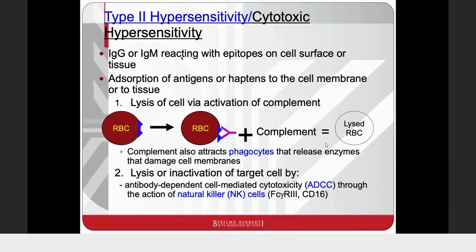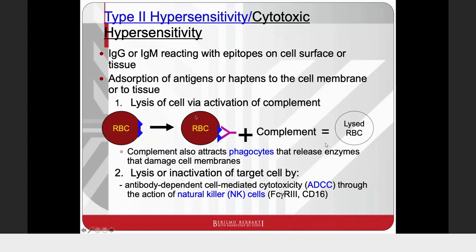There will be absorption of antigens or haptens to the cell membrane or to the tissue. The classic example of type 2 hypersensitivity is the absorption of antigen or haptens to the cell membrane of the RBC. For example, penicillin can attach to the RBC once it breaks down, so it will absorb on the cell surface.